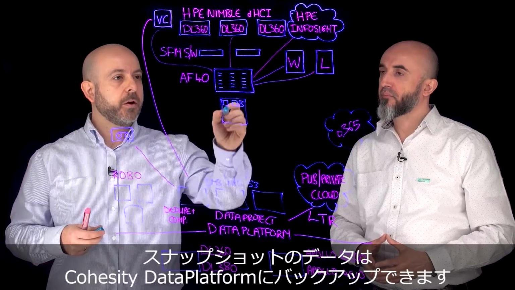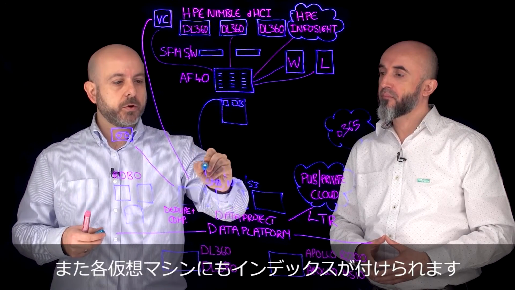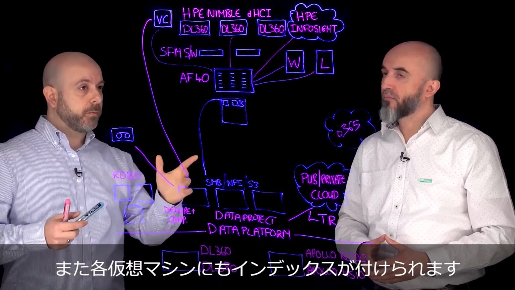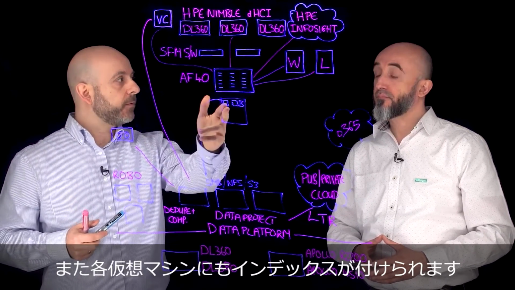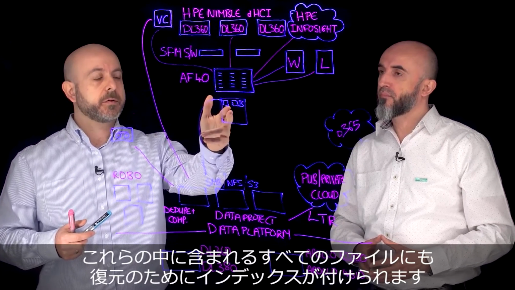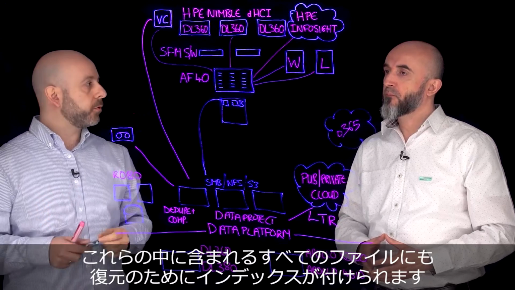We can then back up the data from the snapshot into the Cohesity data platform, and we will also index each of these virtual machines, so all of the files contained within them will also be indexed for restore purposes.